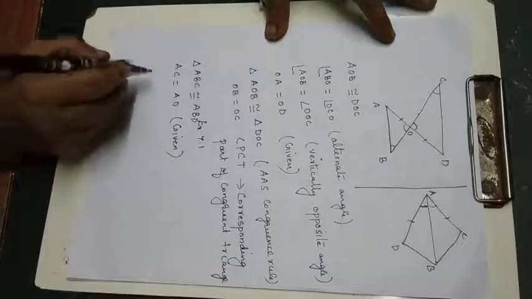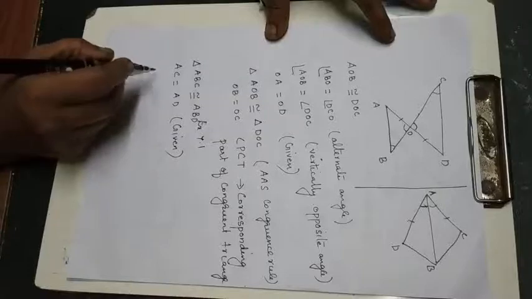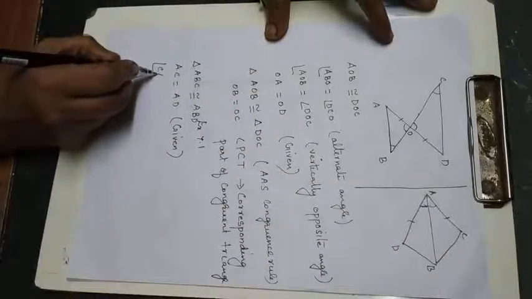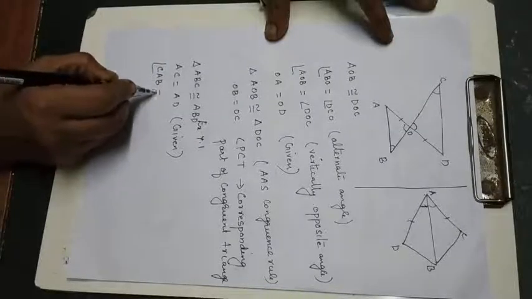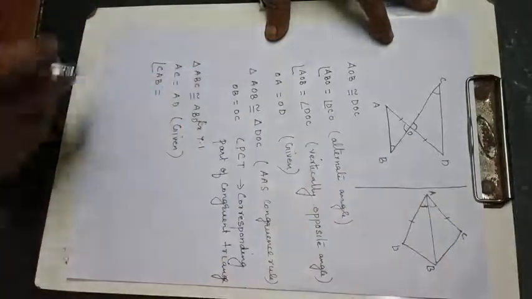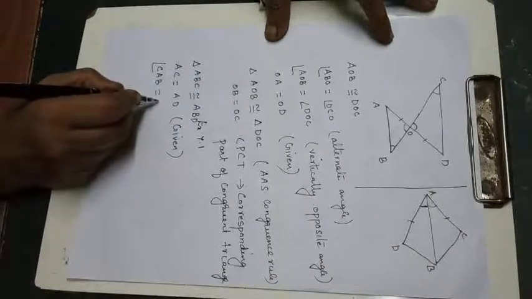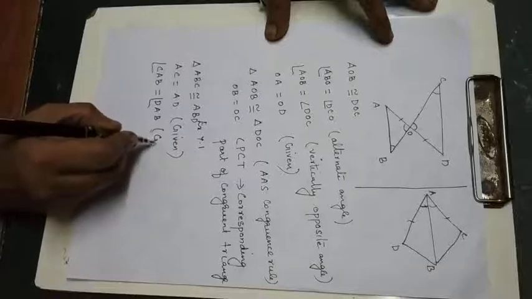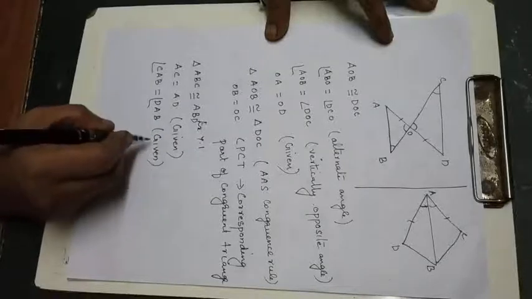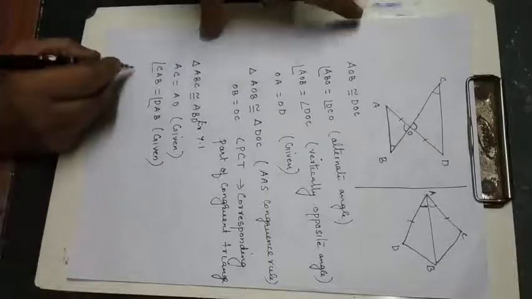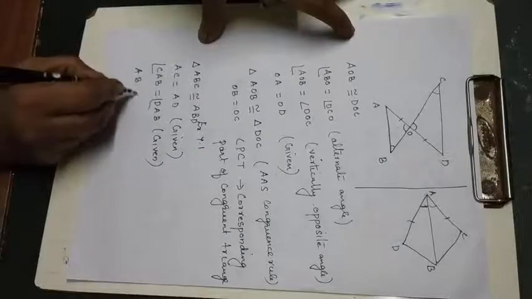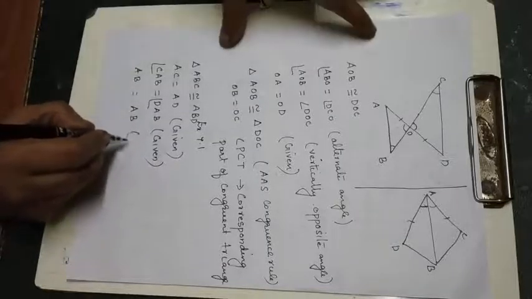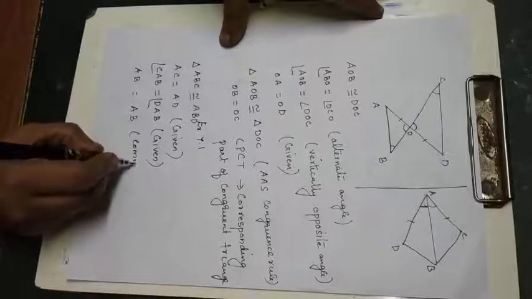Now angle CAB equal to angle DAB. That also, reason given in the question. Now AB equal to AB. Reason is common.